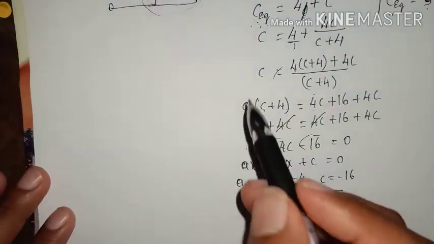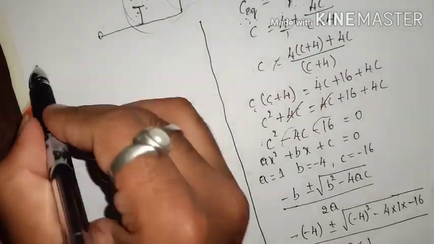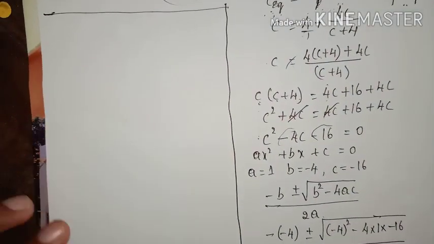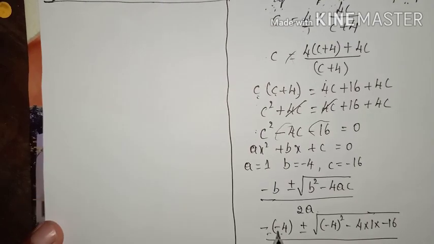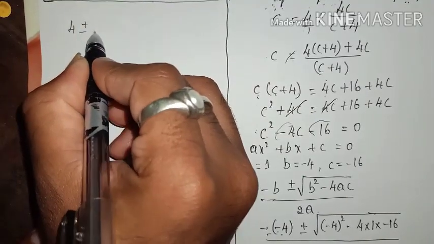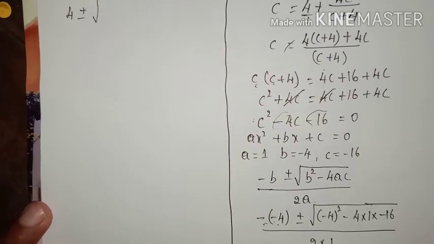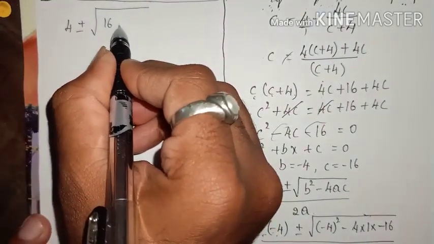Let me solve this one for you here itself. Minus 4 into minus, minus into minus plus, that is 4 plus or minus square root of minus 4 whole square. Minus 4 whole square is nothing but 16.